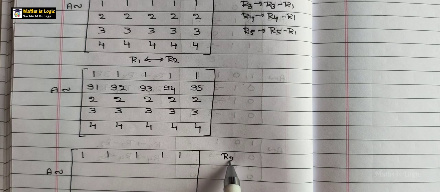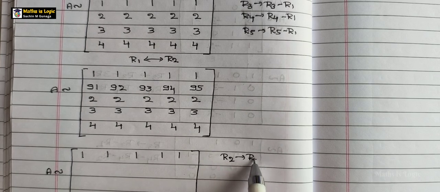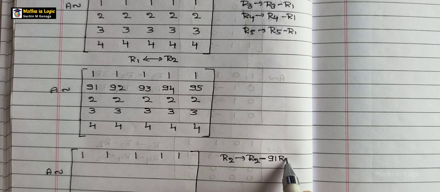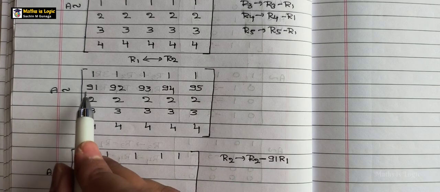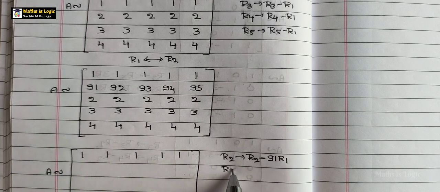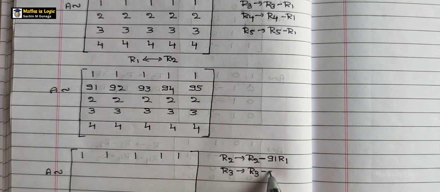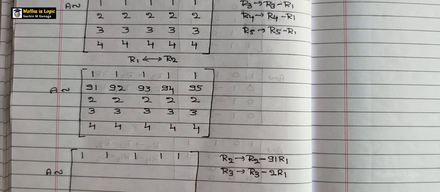R2 changes to R2 minus 91 times R1. Next R3 changes to R3 minus 2 times R1.